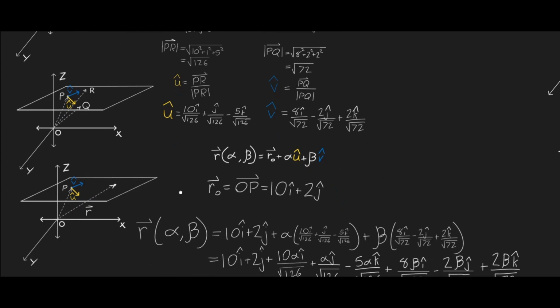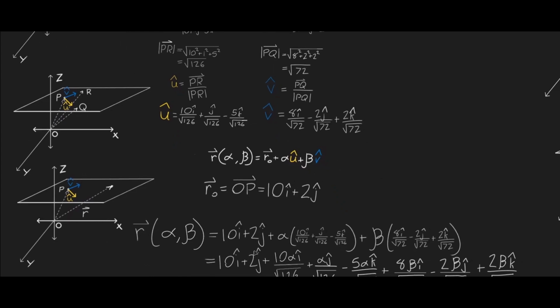So when we plug it into the equation, we have our starting point plus alpha times U plus beta times V. And remember that alpha and beta range from negative infinity to positive infinity. That is what gives us the infinite plane.